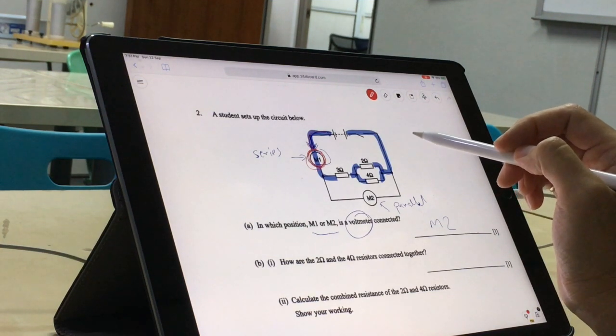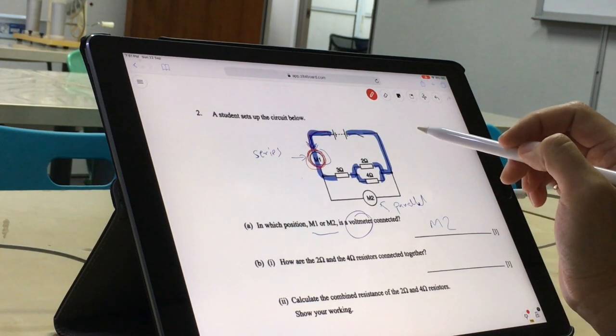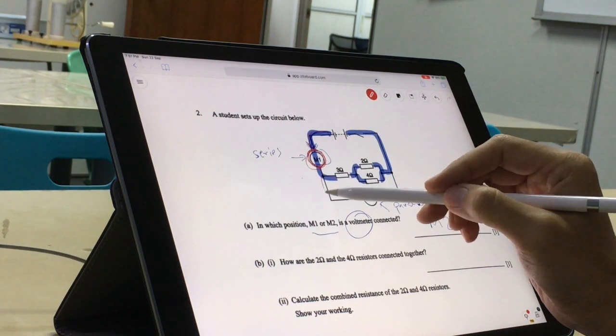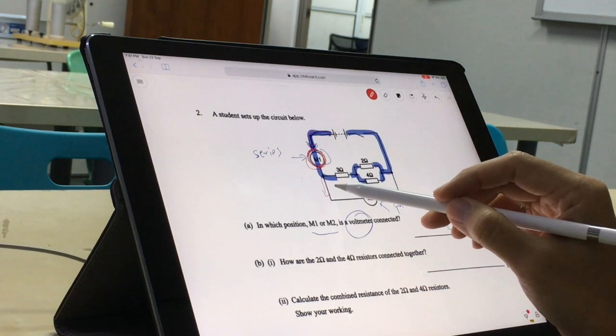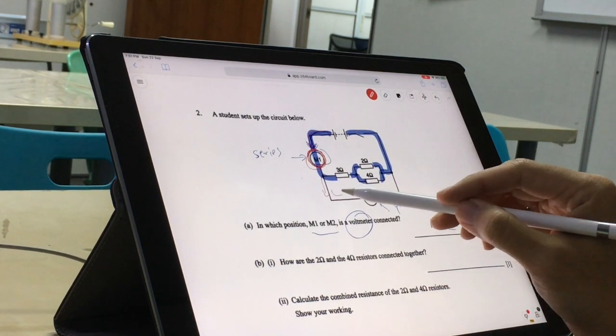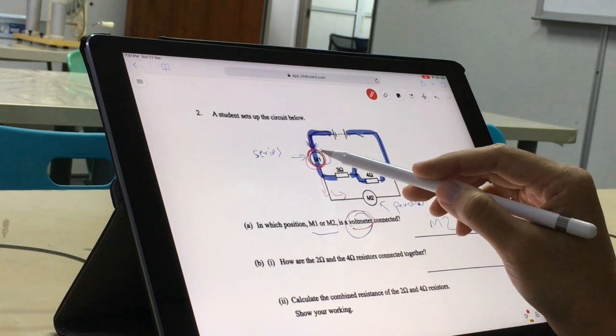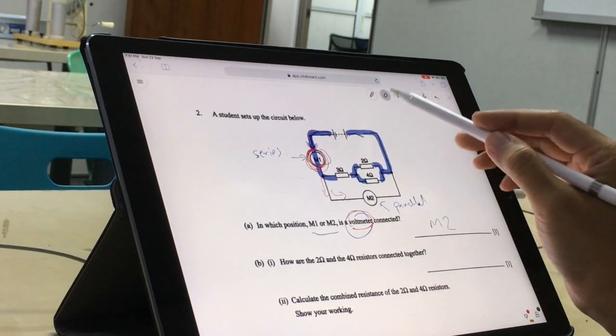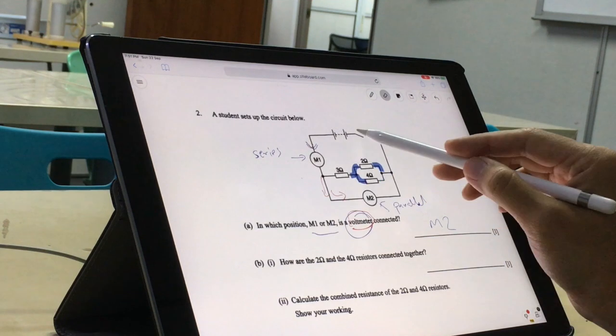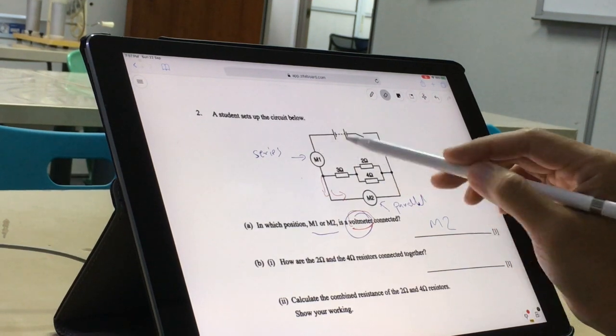But why doesn't the electron flow go through M2? Yes, it also goes through here, but look at M1. Is it series or parallel?